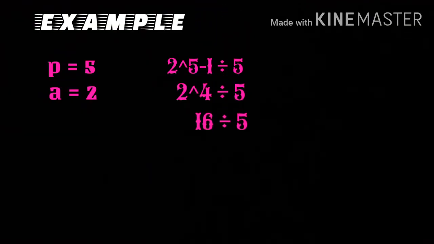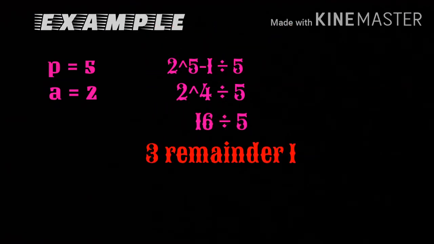So we have 16 divided by 5, and it is equal to 3 remainder 1. Therefore, we conclude that a raised to p minus 1 divided by p, the remainder is 1.